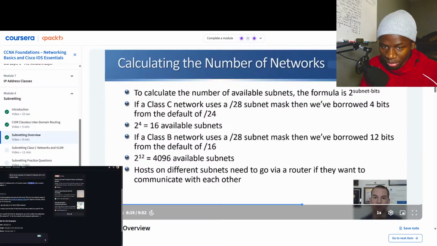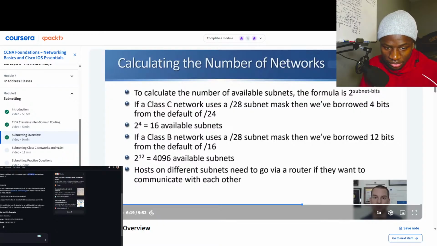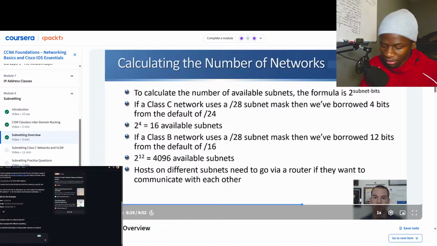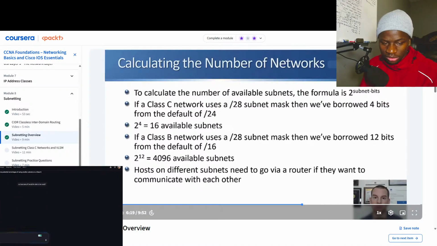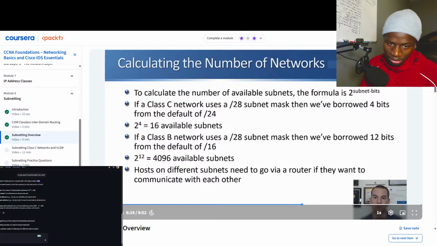The usable host range will be from 172.16.0.1 to 172.16.255.254, with 172.16.255.255 as the broadcast. So how many IPs will be available to be used?